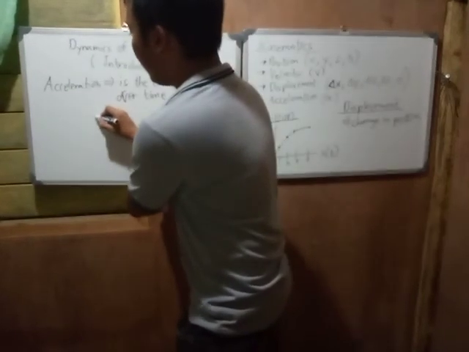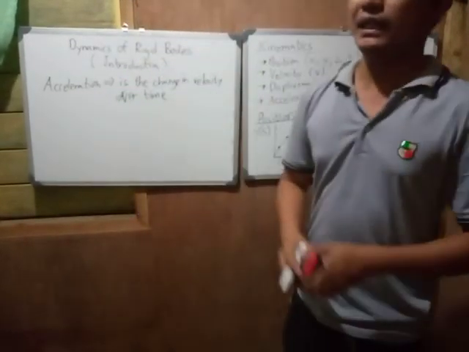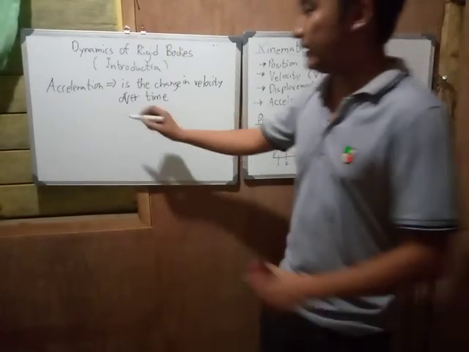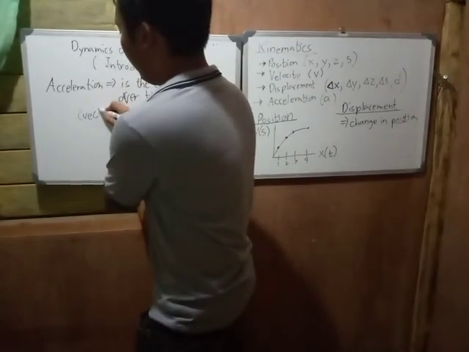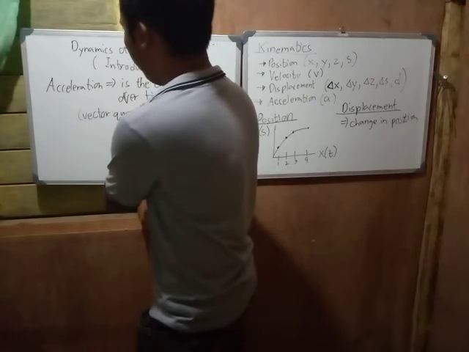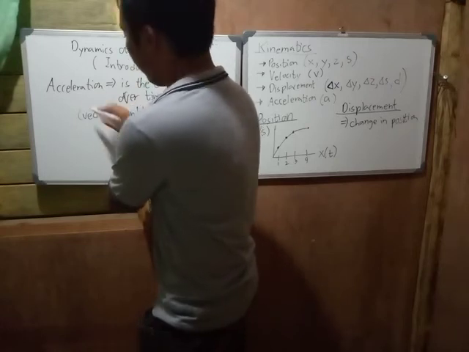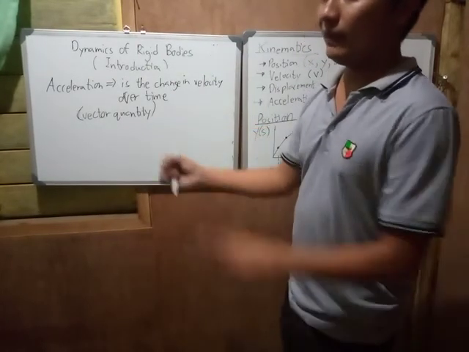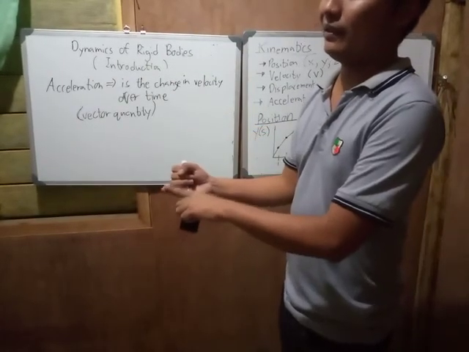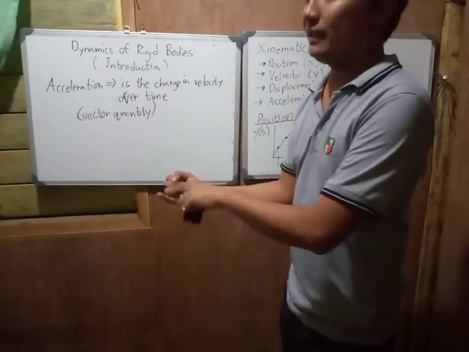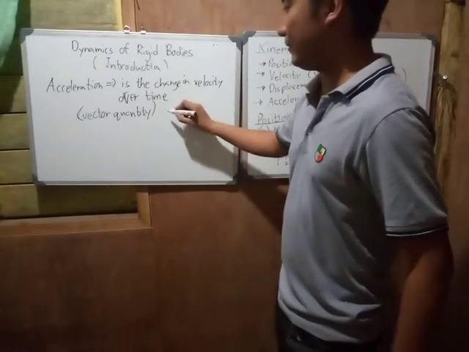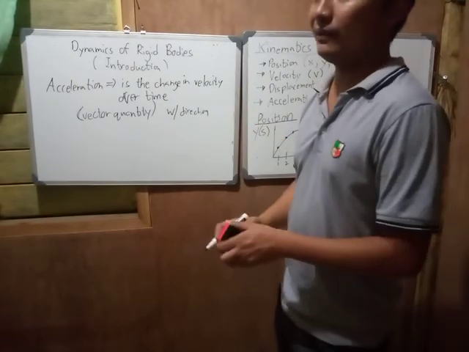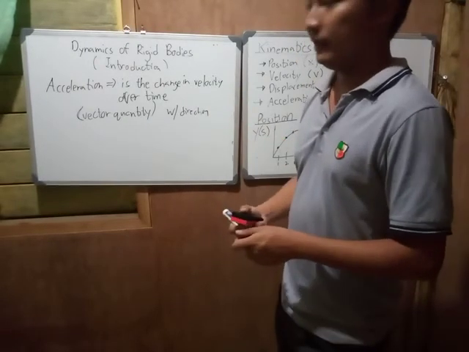So, we can say, just like velocity, acceleration is a vector quantity. It should be a vector quantity. Meron kang quantity, sasabihin natin 3 meter per second squared, and then meron kang direction. Ito yung acceleration.